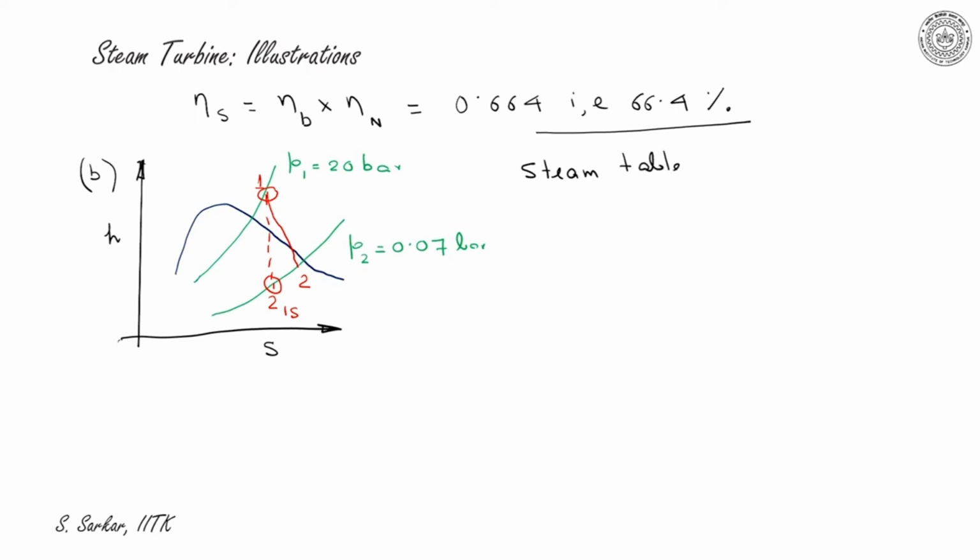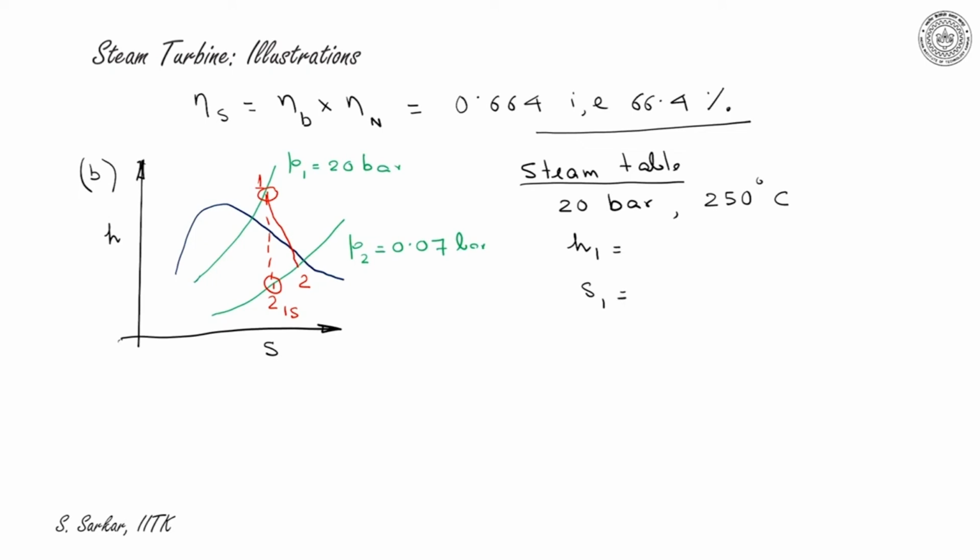As per the steam table, for 20 bar and 250 degrees Celsius, the steam is superheated, so I can read H1 and S1, enthalpy and entropy.